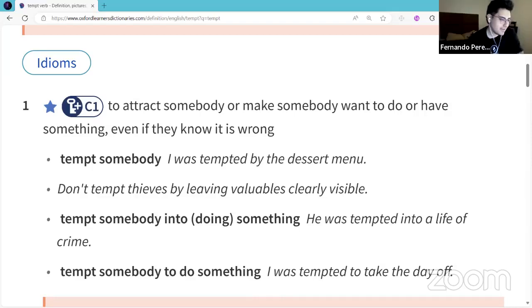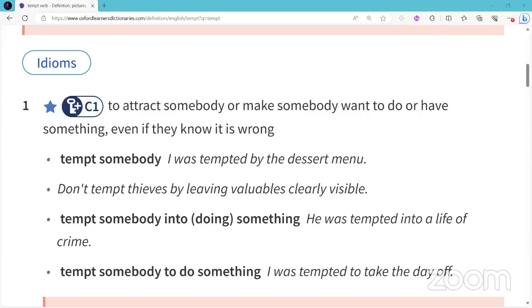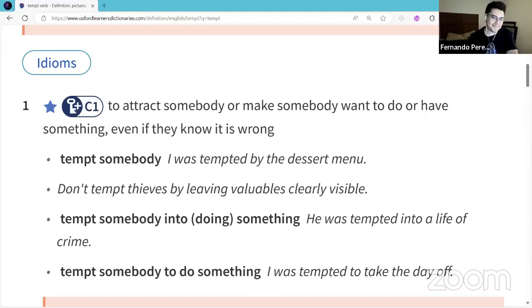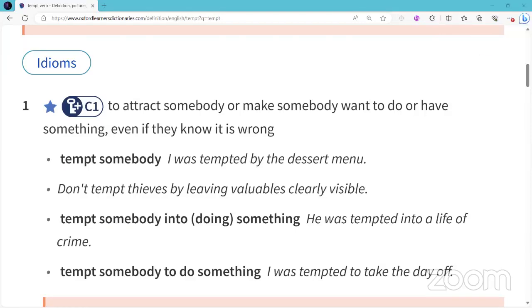What do you understand? I know the word in Spanish, but not in English.